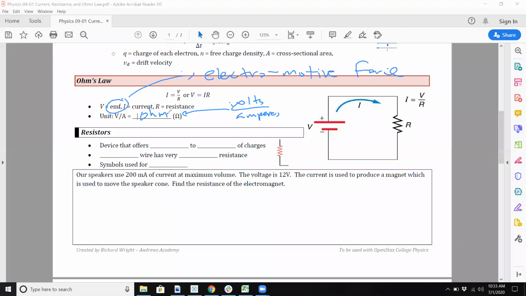A device that offers resistance to the flow of charge, that's what a resistor is. By the way, light bulbs have resistance, just so you know, because if it didn't resist the flow of charge, it would probably break or overheat. Copper wire has very little resistance.